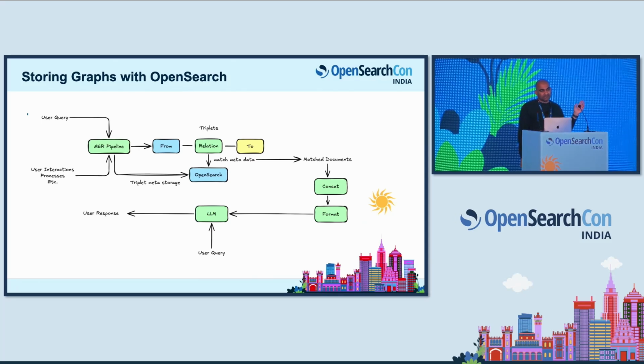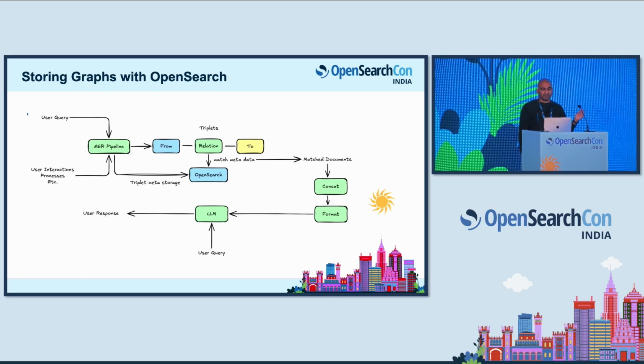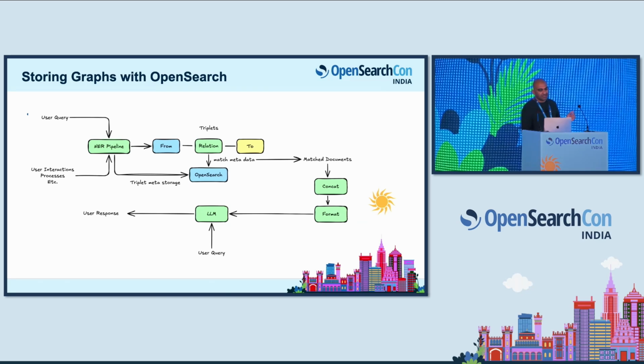If you see, you have the matched documents which have now come up, and you might not always get the from and to parts. You can always make a judicious decision whether you take the from or you take the to, so that you get a combination of data there. Once you get the documents, the second challenge is, because you have used a NER pipeline here, you have dissected the information of the user query into three parts, and also your documents.